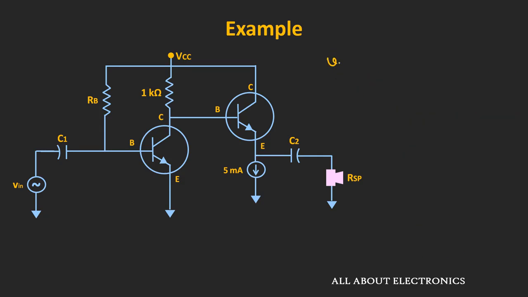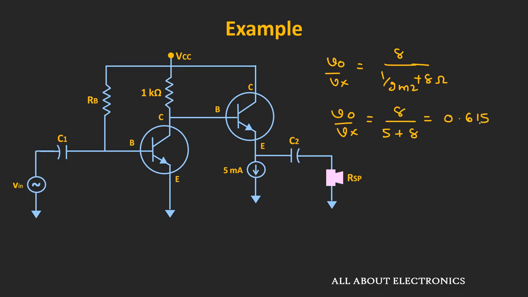That means Vout divided by Vx is equal to 8 ohm divided by (1 divided by gm2 plus 8 ohm). And as we have seen, this 1 over gm2 is equal to 5 ohm. That means Vout divided by Vx is equal to 8 divided by (5 plus 8) ohm. That is equal to 0.615.